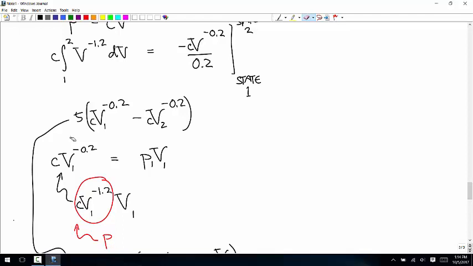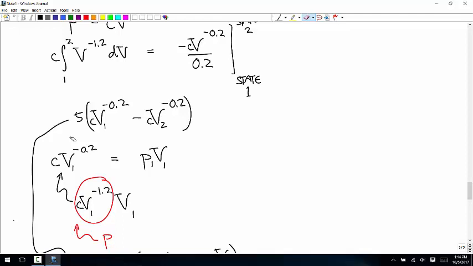Then you have to recognize that C times V to the negative 0.2 is equal to C times V to the negative 1.2 times V. The C times V to the negative 1.2 is P, and the other one is V. So we can replace this thing with PV.